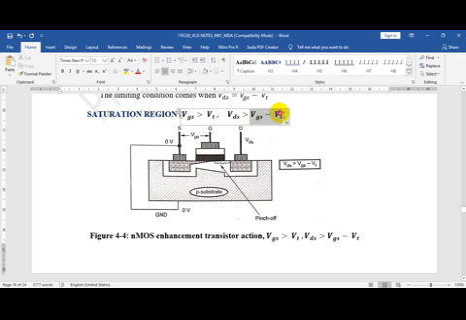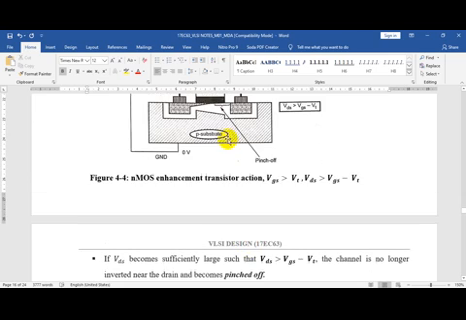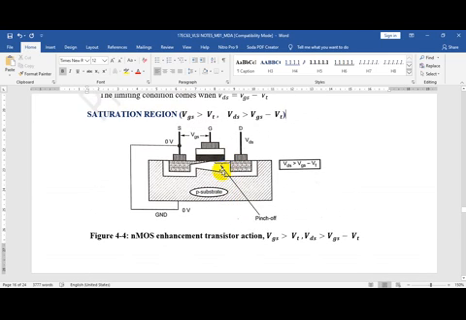the difference between the gate voltage and the threshold voltage, because of which the channel which was formed by the inversion layer is no longer inverted. As you can see, the region wherein the channel has diminished is called the pinch off region. But because of the greater voltage here, the conduction still happens because of the drift of electrons.